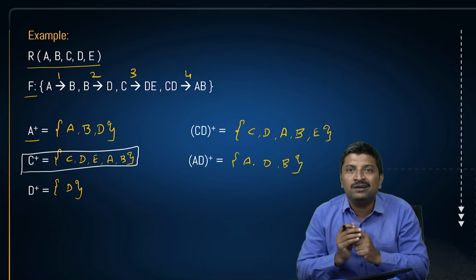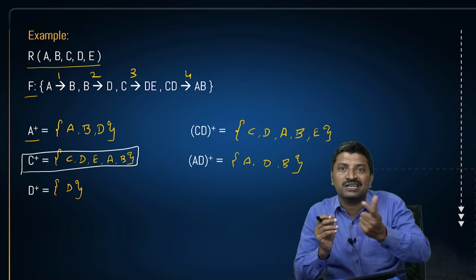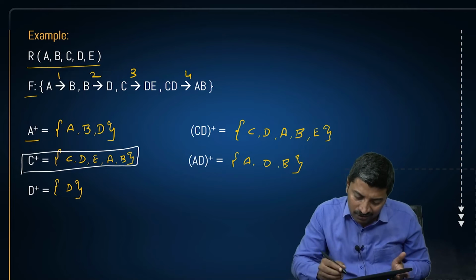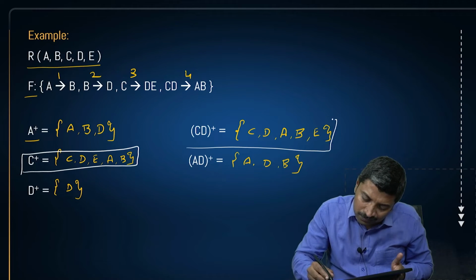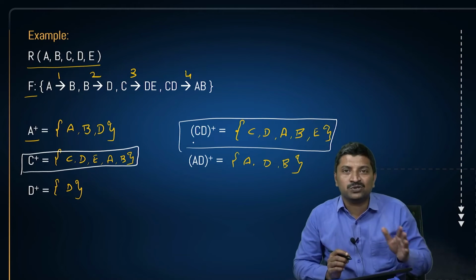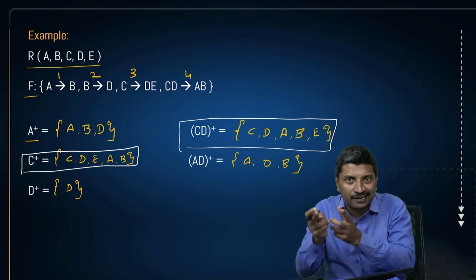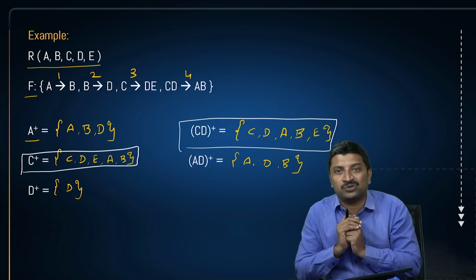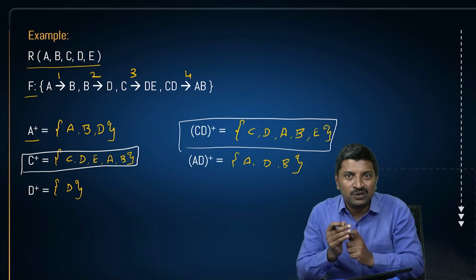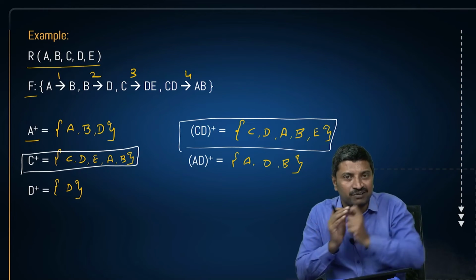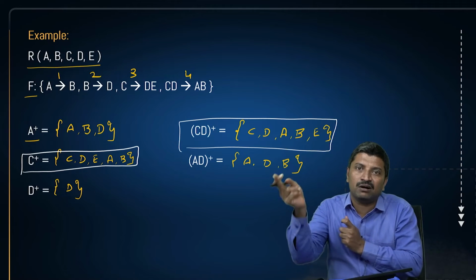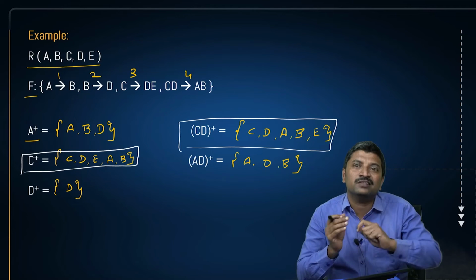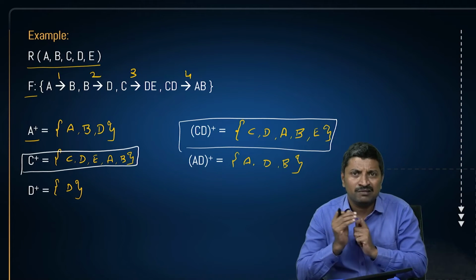What does that mean? It is an example of a key for the given relation. Then what about here? Here also, by the use of CD, I can identify the values of all the attributes. What does that mean? It is also a key. So if the closure of any set of attributes contains all the attributes of the relation, then it is our key.